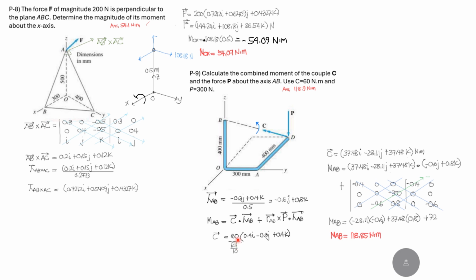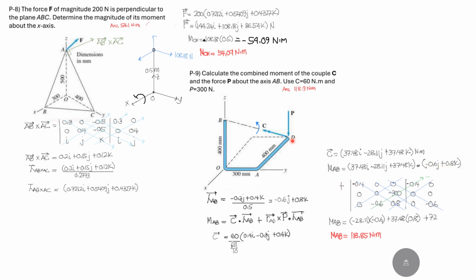Then 600 times 0.4 over square root of 41 is again 37.48k newton meter. So this is the couple vector. Then its component along AB is we simply dot that couple vector with this unit axis vector.